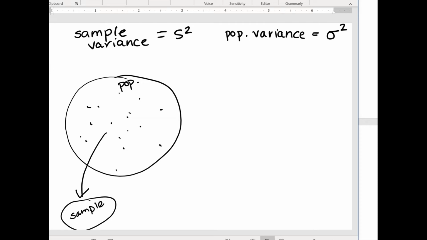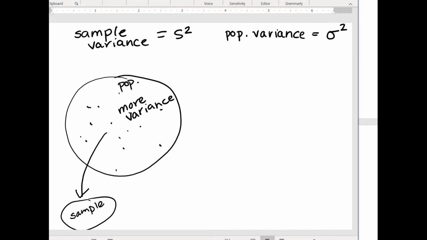So when you think about it that way, since the population is so much bigger, there's probably at least a little bit more variance in the population than there is in the sample, right?